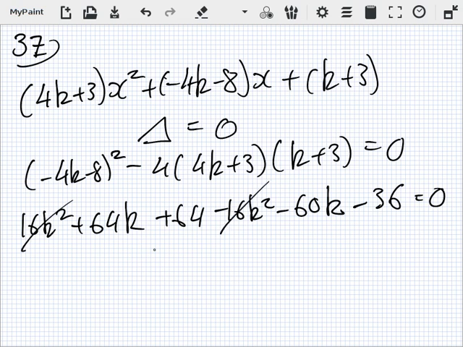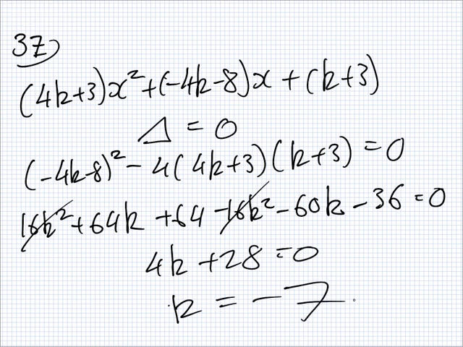Cancel, 4k, 28 is it? K equals minus 7. Huzzah. You need to also do the k cannot equal to minus 3 over 4. Not in this case, because you know that k is minus 7, so it's automatically not minus 3 over 4.